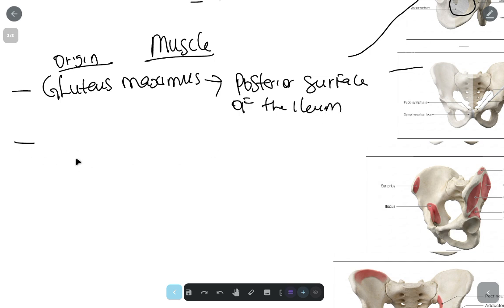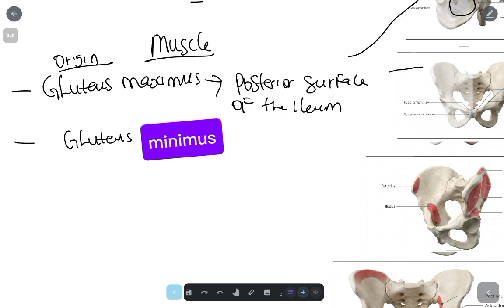The second muscle you have to know is the gluteus minimus. So the gluteus minimus originates from the gluteal surface between the anterior and the inferior gluteal line.